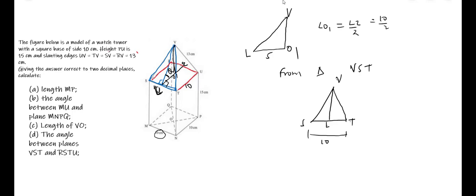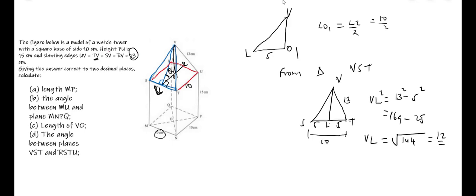Then LT will be 5 and this will be 5. VT is also given, which is 13. So VL squared equals 13 squared minus 5 squared. That gives us 169 minus 25. VL equals the square root of 144, which is 12.